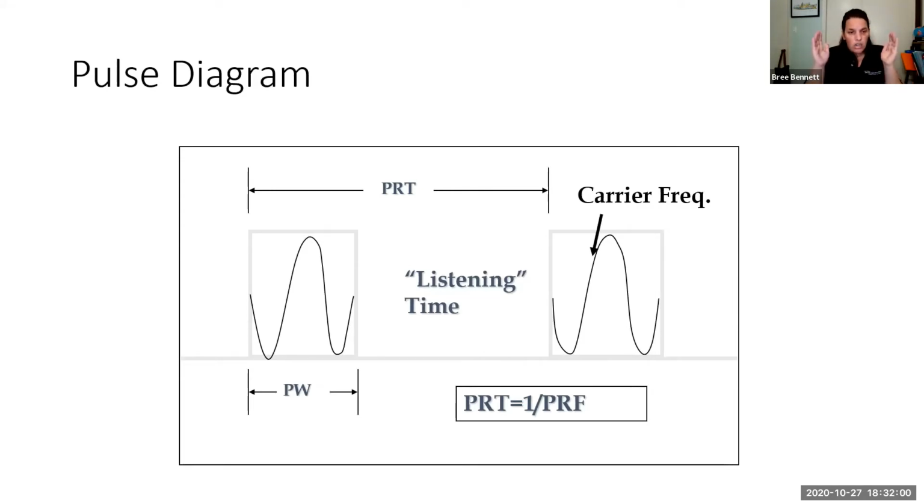So the longer our listening time is, the longer the range that pulse can go out, reflect on something, and come back. So if we have a really short pulse rate, our maximum distance that we're going to be able to see something is much shorter, because we're sending out another pulse and not listening as long.